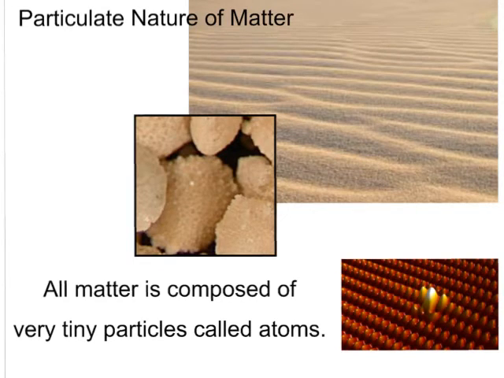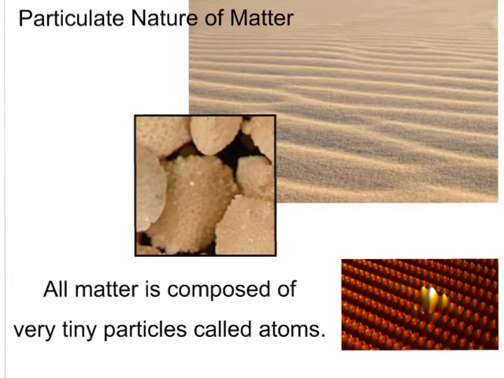If we take a little bit of that sand in our hand and we look at it under the microscope, we'll probably see some individual little sand particles there. Those still are not atoms. Atoms are so tiny that it takes an incredibly powerful magnification to be able to see them, and a microscope isn't nearly powerful enough.